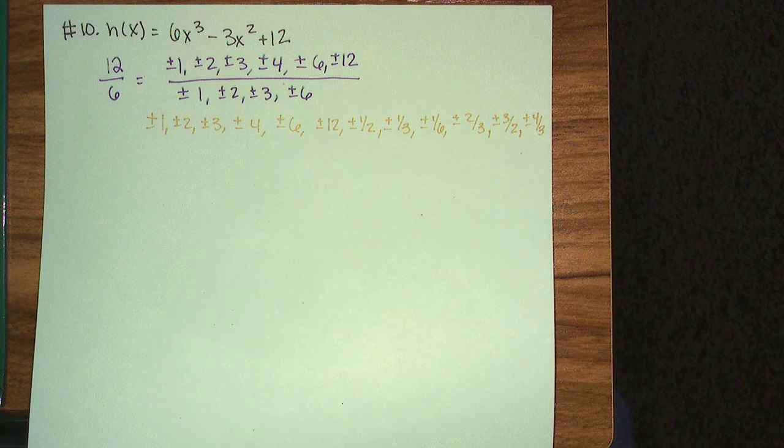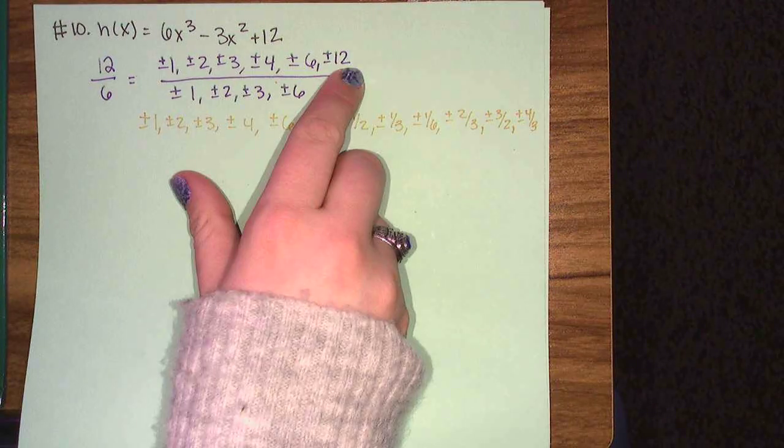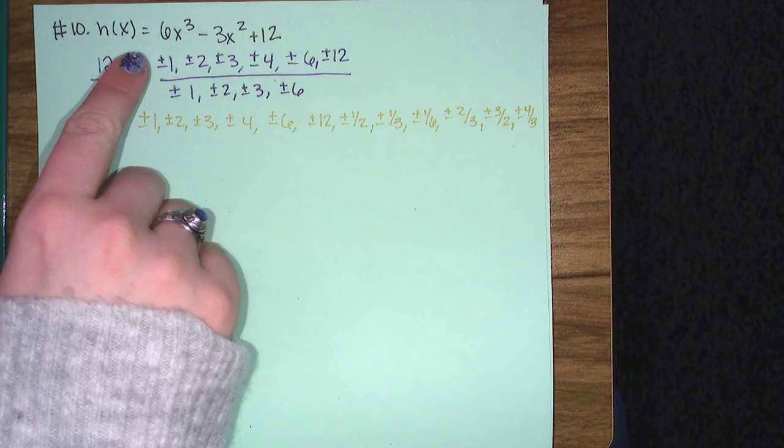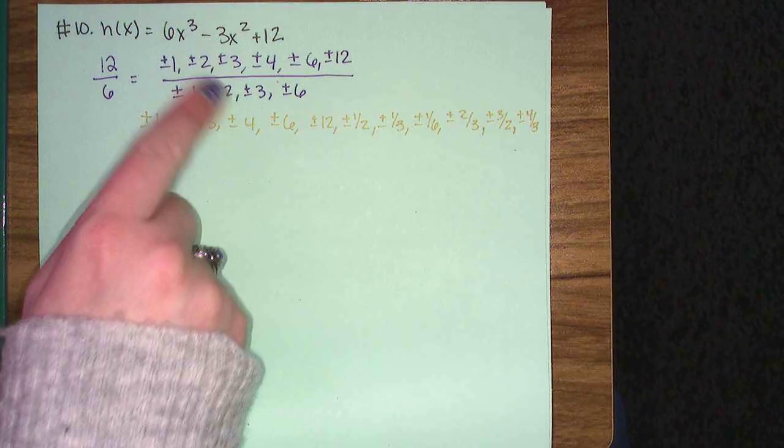Hold on. They need to be in this order. You should work your way across like I did. So what you should do is do all the ones that are over 1 first, and then you start back here and work your way across.